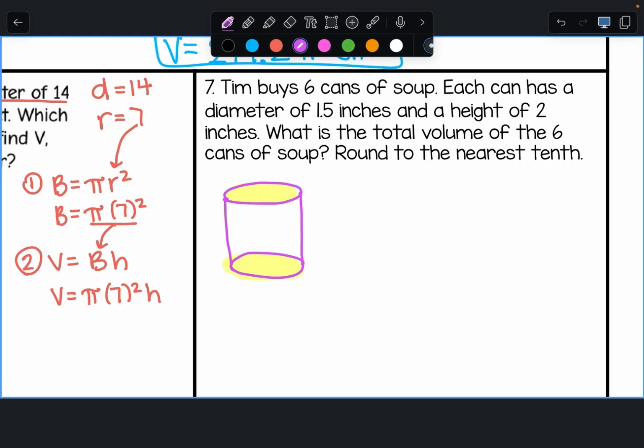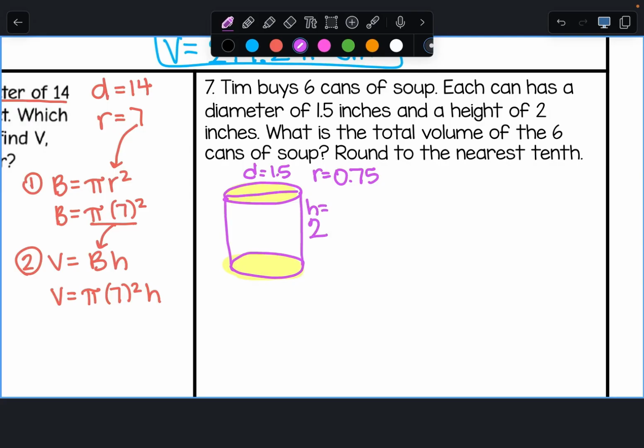It says each can has a diameter. So diameter goes what? All the way across of 1.5. If the diameter is 1.5, what is the radius? 0.75. Why did I write 1? And it says the height is 2. All right. First, we need to find the volume.